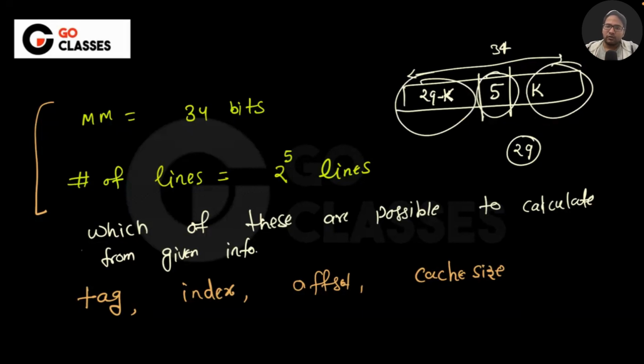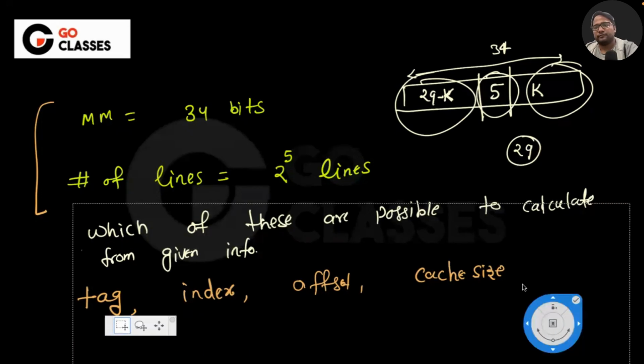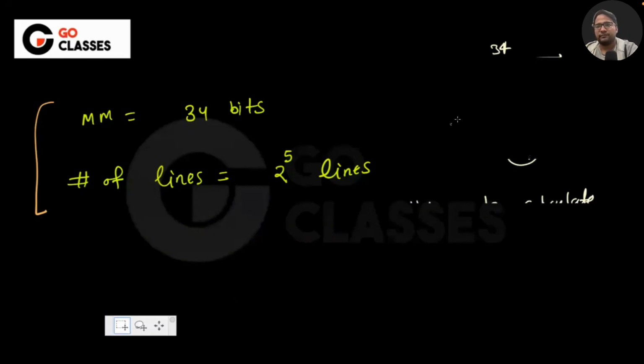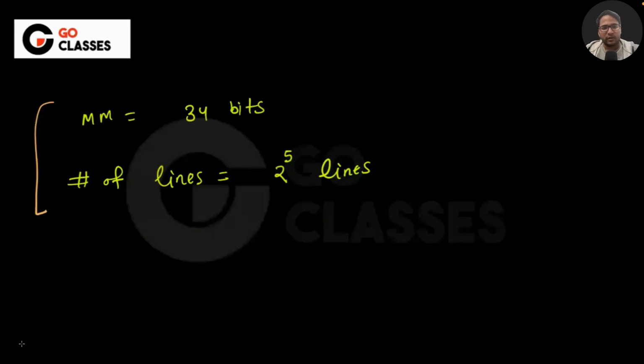Okay, now let me modify this question. Now suppose they say tag is 17 bits, then what is the cache size?